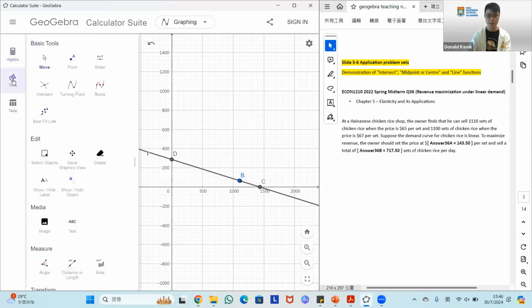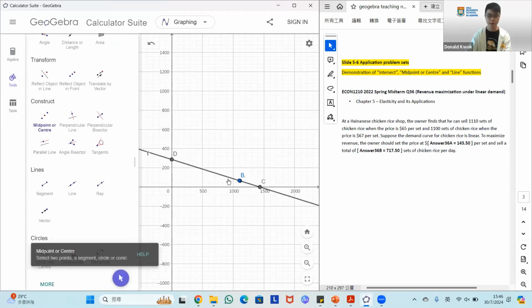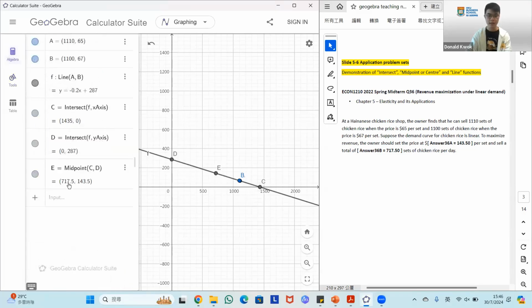Then we can use the midpoint or center function to find the midpoint of CD, or equivalently, the midpoint of the linear demand curve. So point E will give us the revenue maximizing point. The corresponding x-coordinate would be the revenue maximizing quantity of chicken rice, 717.5, whereas the y-coordinate of point E would give the revenue maximizing price of chicken rice, 143.5.